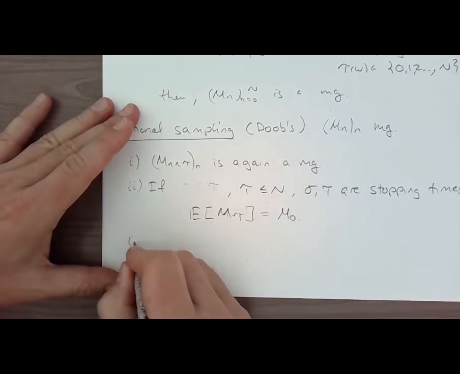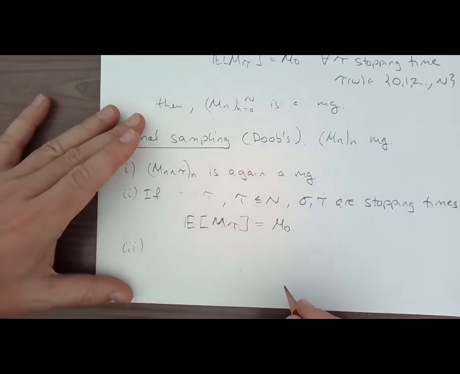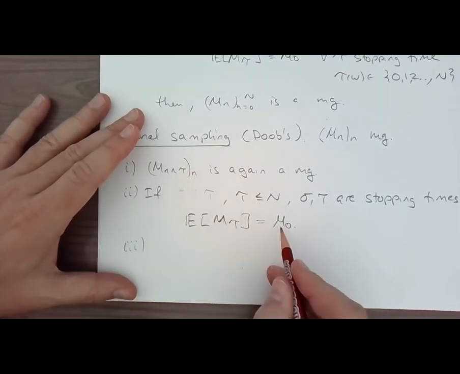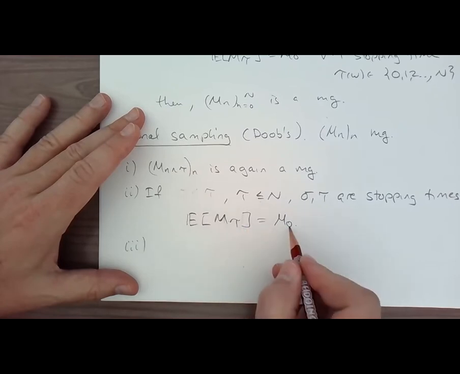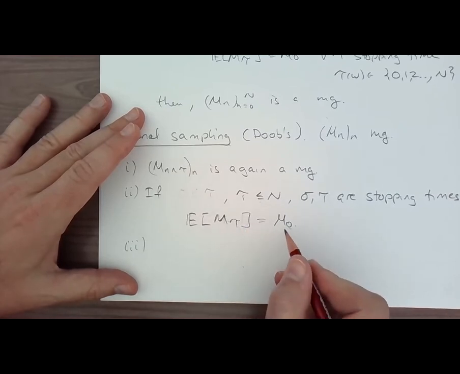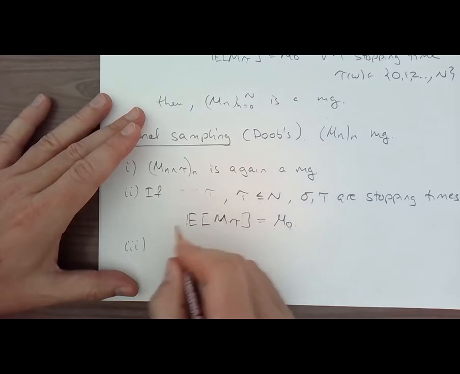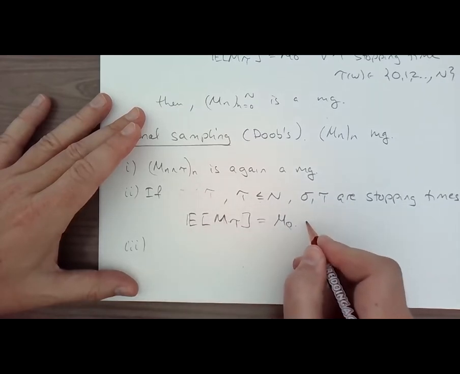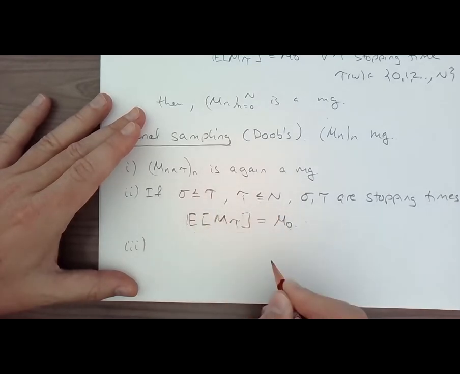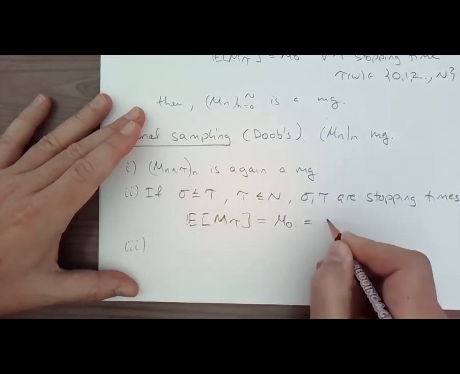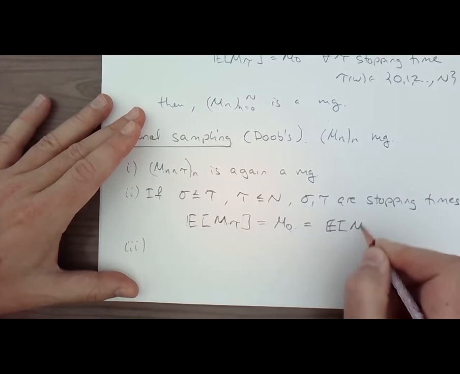Steve also wants to have a property that says that if you link them, it doesn't have to be m0 over here. You could also write this with sigma less than tau, and then you could write this here as m sigma.